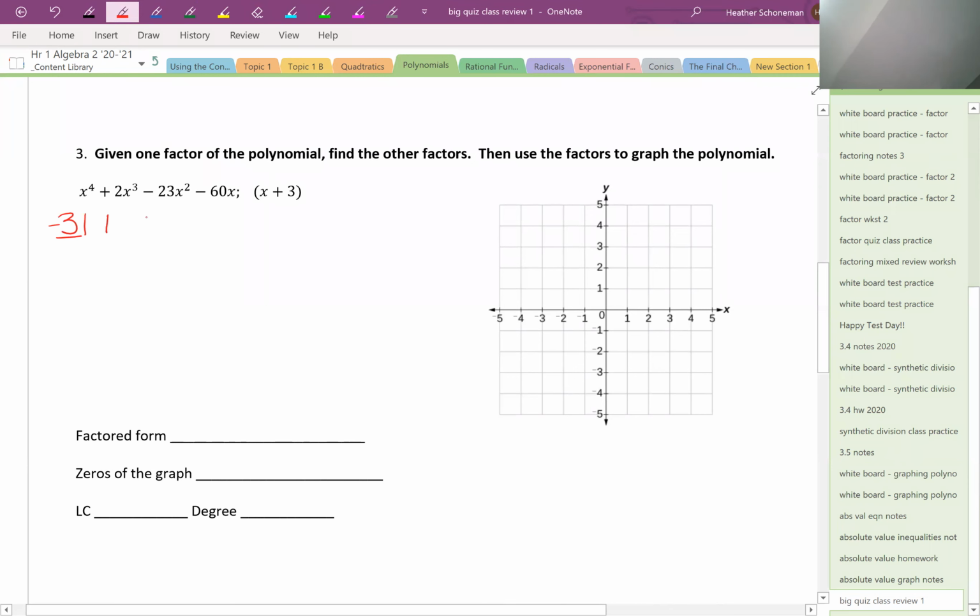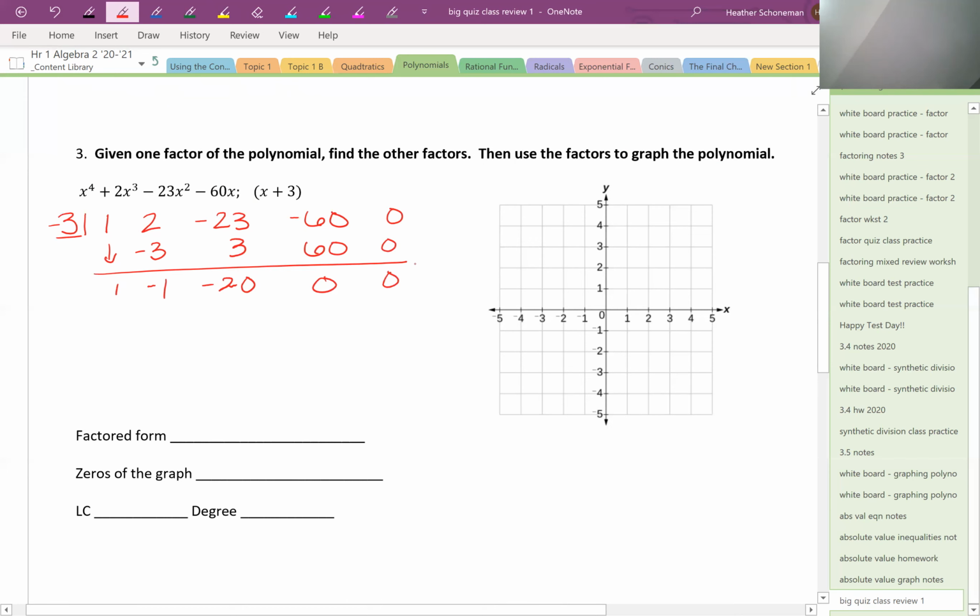X to the 4th is 1, cubed is 2, squared is -23, x is -60, and my constant is 0. So my 1 comes straight down. Multiply and get -3, add and get -1, multiply and get 3, add and get -20, multiply and get +60, add and get 0.